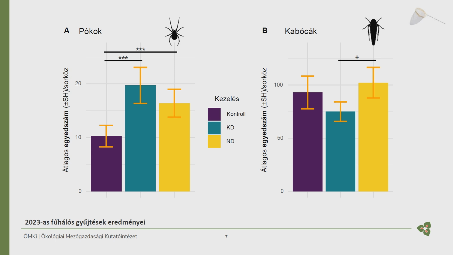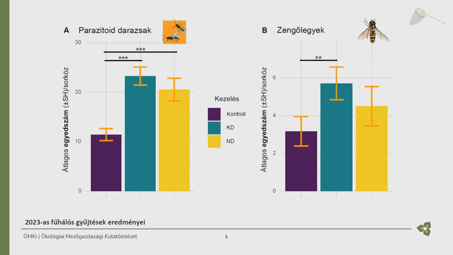And you could see that both in the 6 species alleys and the low diversity mixture, the number of spiders was higher in both. We also looked at the numbers of cicadas in there, and there was not a major difference in terms of the number of cicadas we found. So the high diversity and the low diversity mixtures showed similar values, but it was close to what we could find in the control sites.